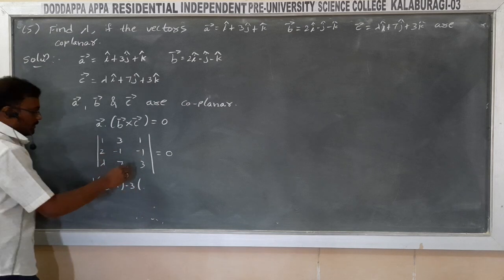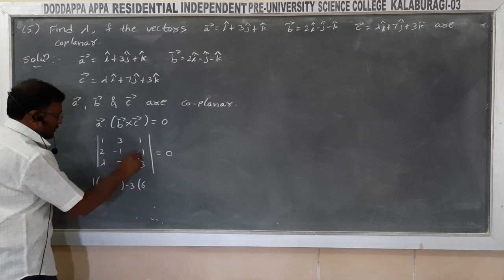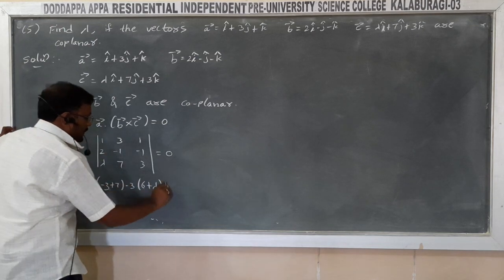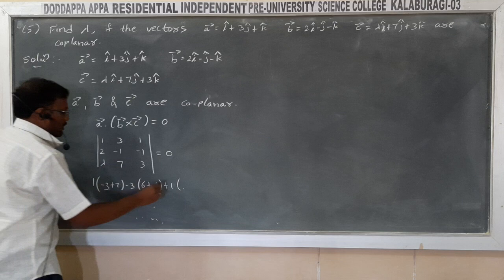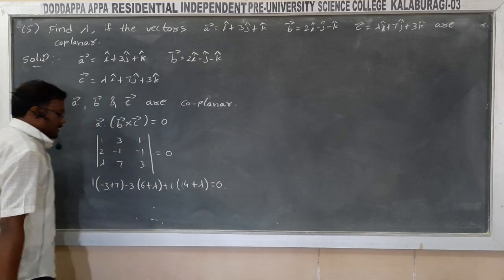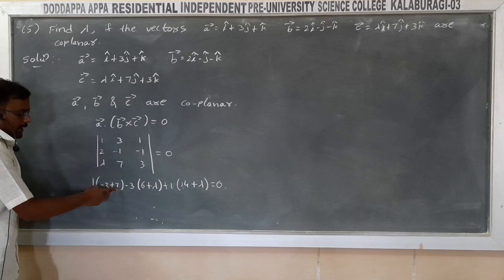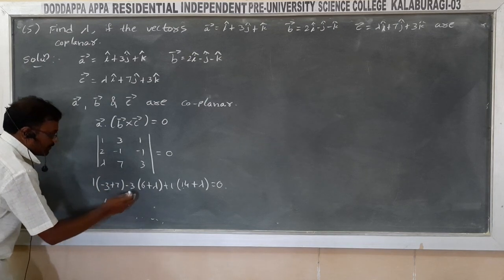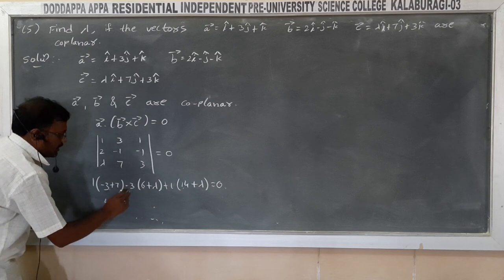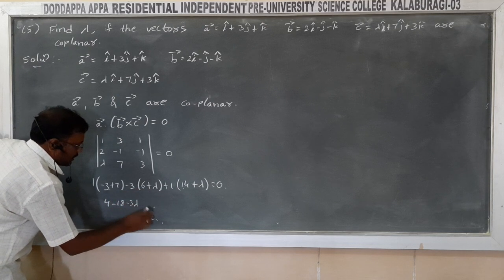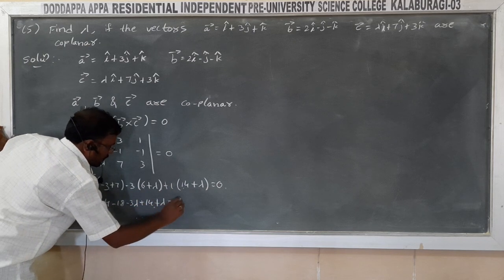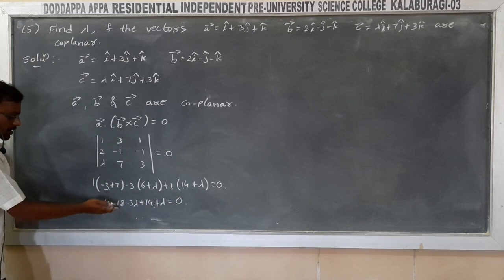Minus 3 of 6 plus lambda. Plus 1 of 14 plus lambda equal to 0. Plus 7 minus 3 is 4. Here we can multiply plus into minus minus 18 minus 3 lambda. Here 14 plus lambda equal to 0.